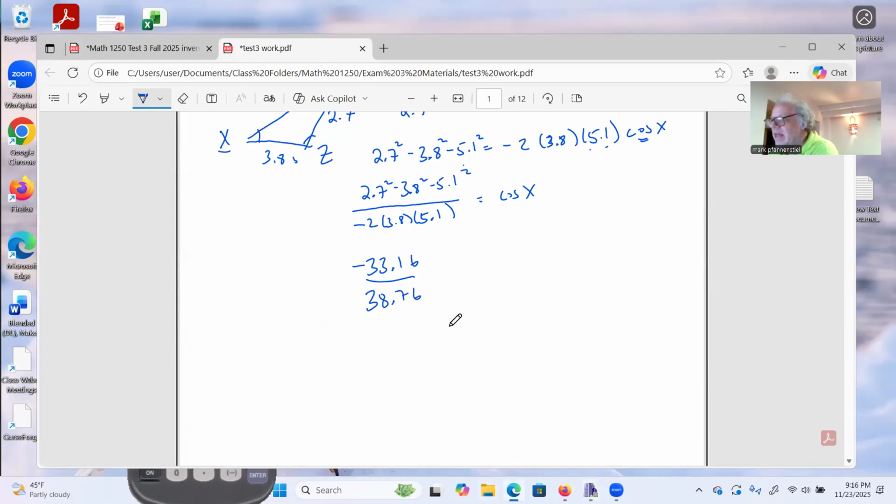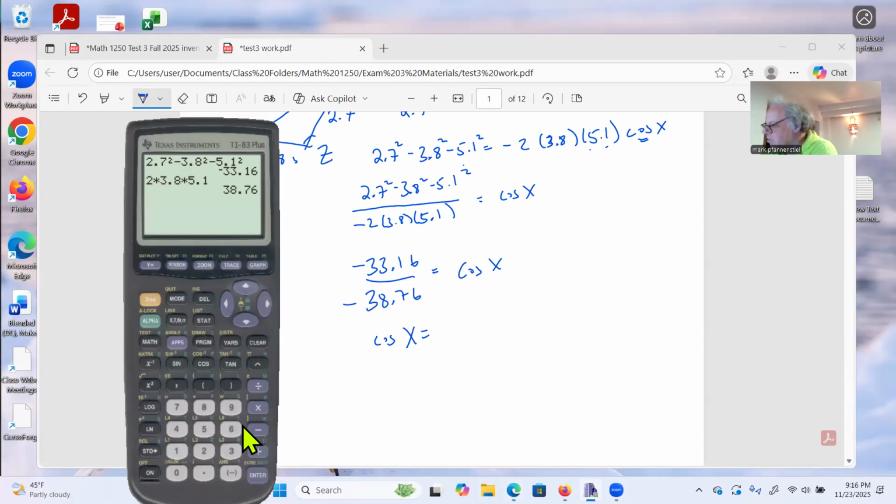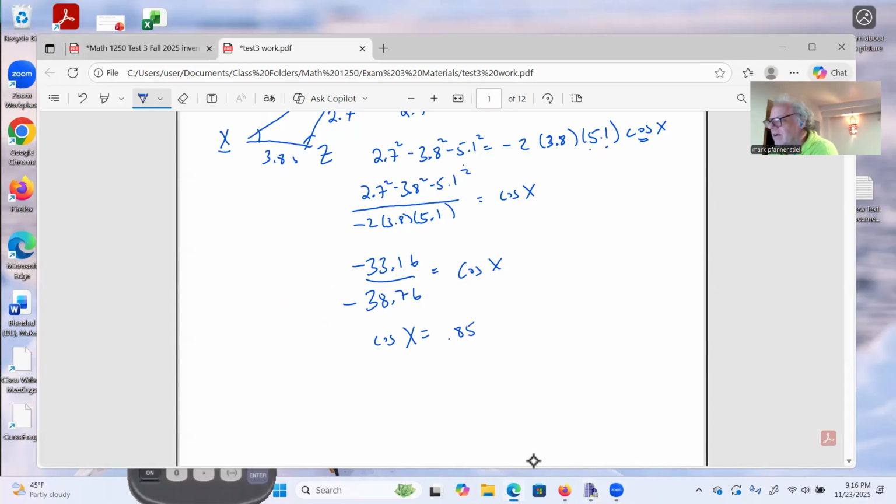That's going to be 38.76. Since that's negative, the negatives are going to cancel, so we can say this is equal to cosine of x. Typing this quotient into the calculator, 33.16 divided by 38.76, equals 0.8555.